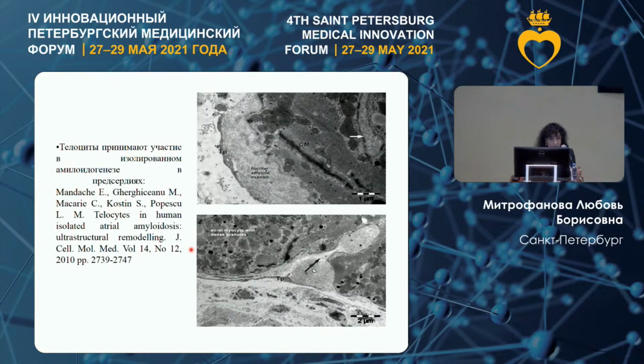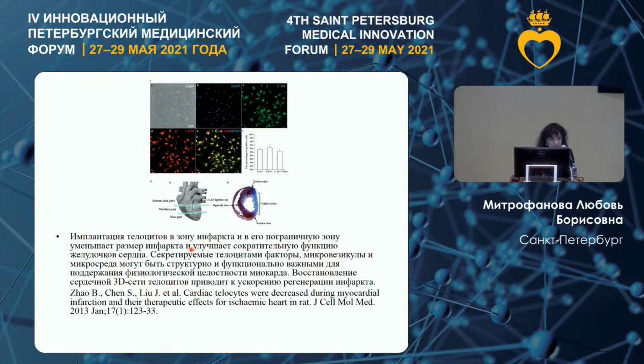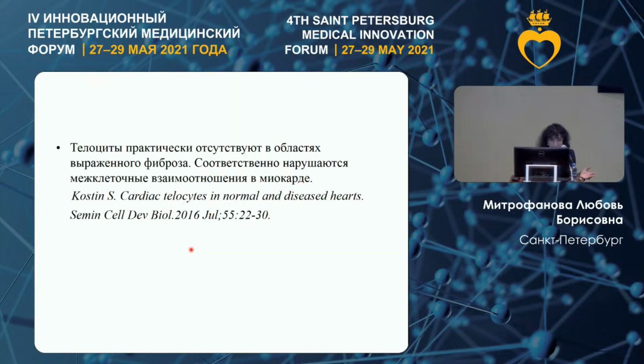Now, telocytes in the heart participate in angiogenesis. If they're implanted into the infarction zone and into the border zone, then the infarction gets smaller. There takes place active regeneration.